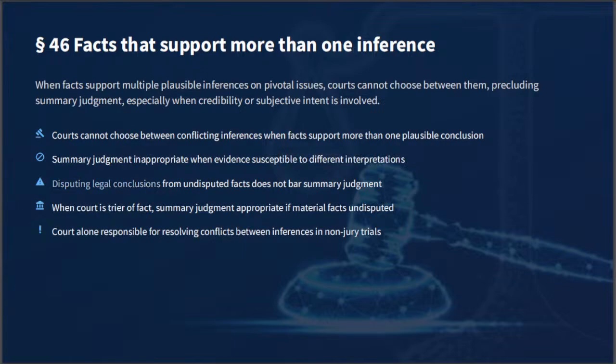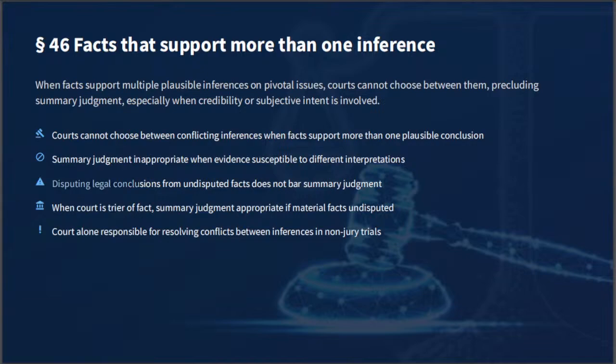Disputing legal conclusions from undisputed facts does not bar summary judgment, though. So the legal conclusion is a matter of law, right? It's the only thing left for the summary judgment. So disputing legal conclusions from undisputed facts does not bar the summary judgment.